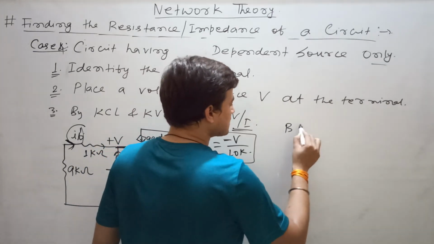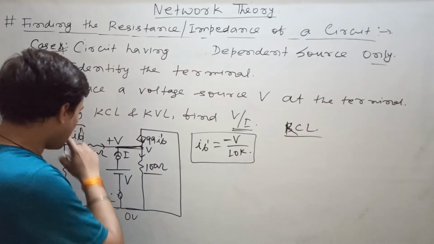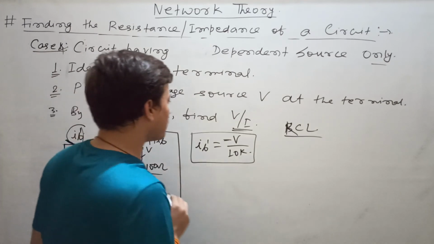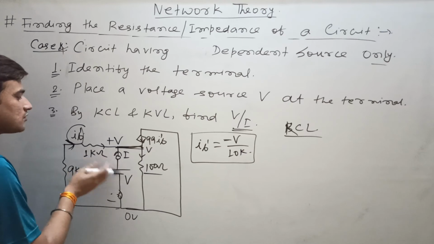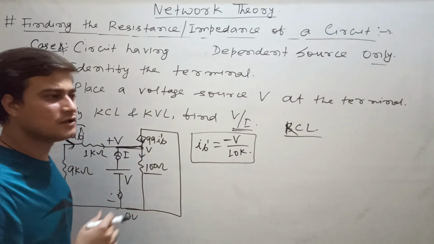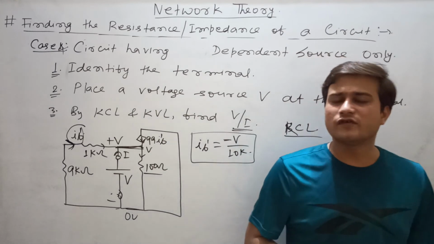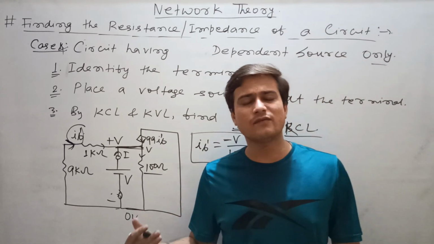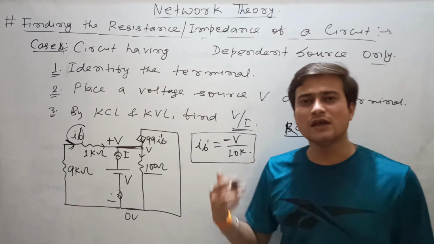Now by applying KCL, you can write IB dash. Here the current is incoming. Let us take incoming current as positive. Why? Because the majority of the currents are incoming. Some people get confused about where to take negative and where to take positive currents. So remember only one thing.